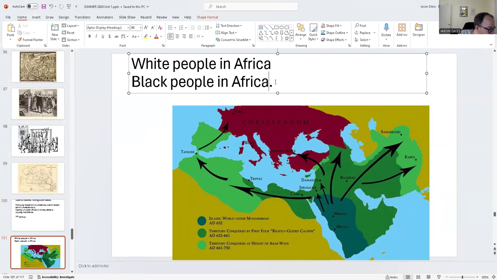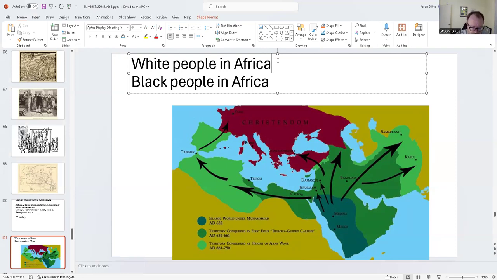The white people in Africa, and this is a truly tragic story I'm about to tell you. Again, it's this old Roman North Africa empire that had stretched from Egypt all the way along through here. Again, those are mainly descendants of the old Roman Empire, along with some of the Vikings that had made their way to that area.